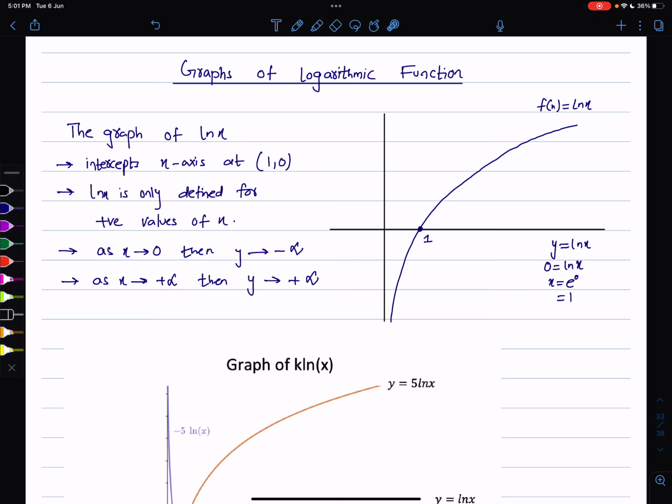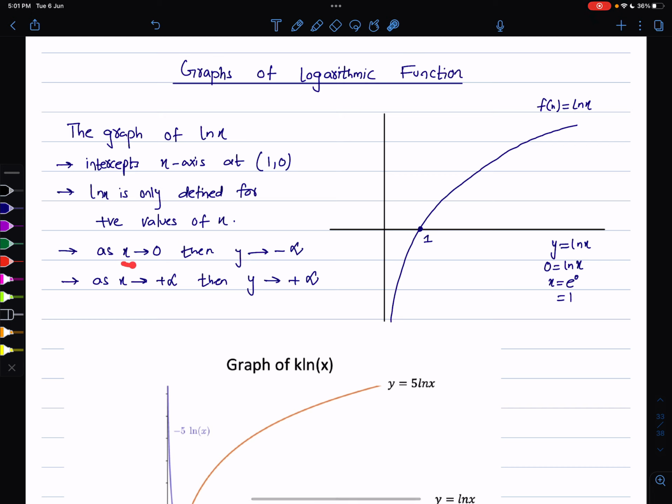Now ln x is only defined for positive values of x, because for a log to be defined, the log of a positive number is only defined. So this value has to be positive. That's why we are going to have a graph for the positive x values over here.